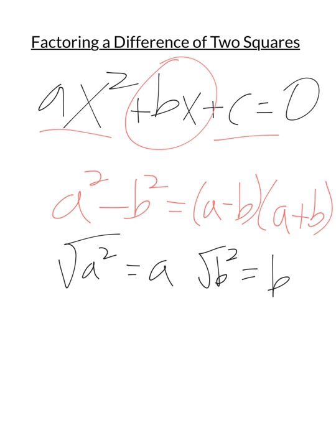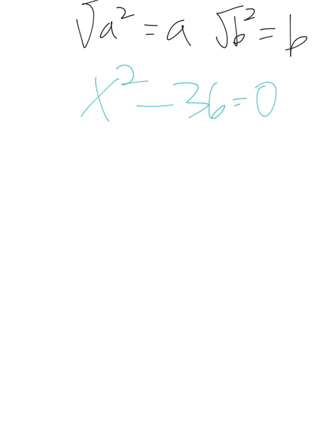Let's say I said factor x squared minus 36 equals 0. Well, first let me back up. This would be my a squared term, and this would be my b squared term. So I know the square root of x squared is simply x.